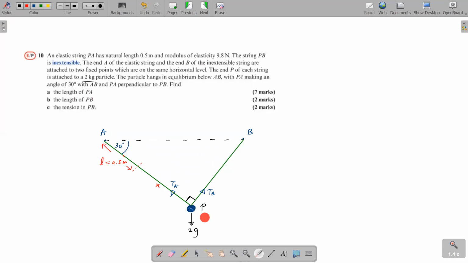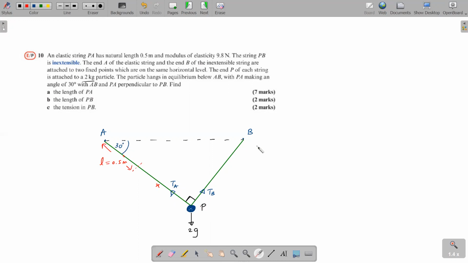They want you to find the length of PA. To get the PA length, I need to know the tension of A. Then I can use tension A equals λx over L and find the value of x. How do I get the tension of A? In part C they want the tension in PB.